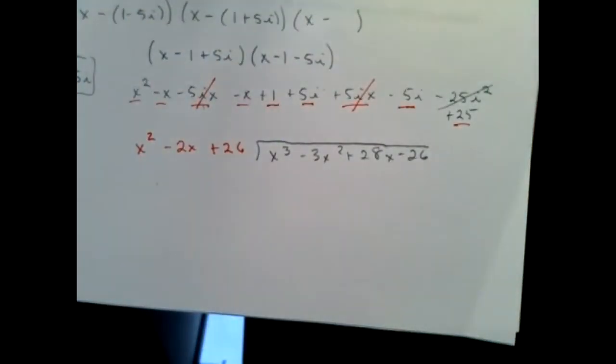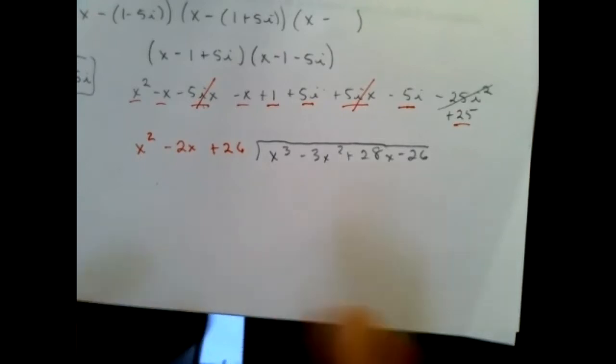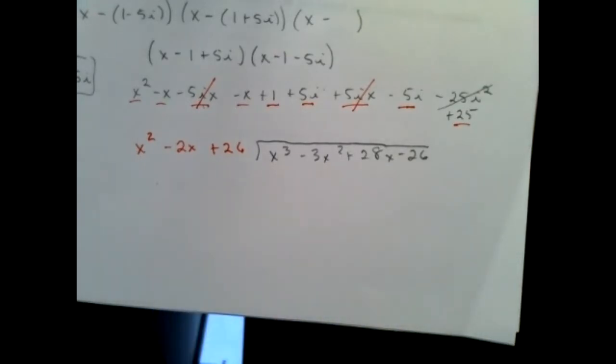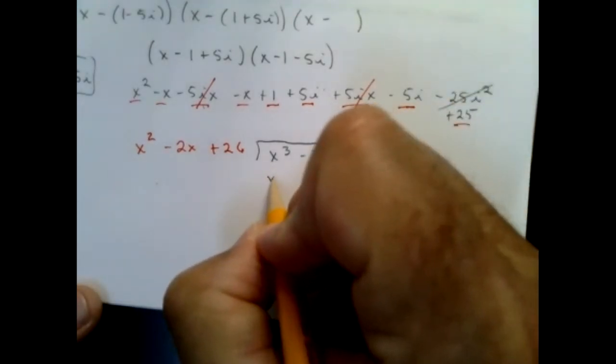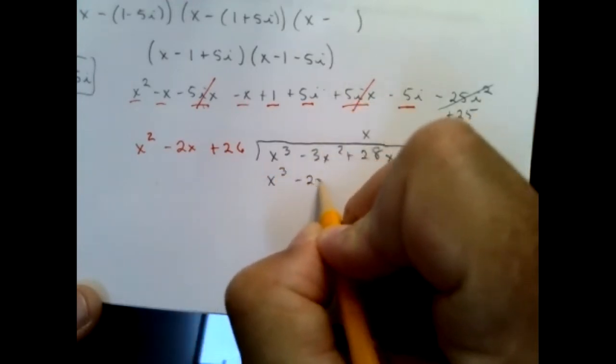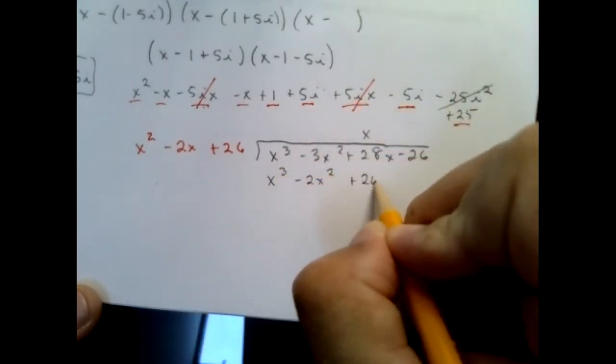Long division. All right, I got this. What times x squared gives me x cubed? That's just an x. So I get x cubed minus 2x squared plus 26x.